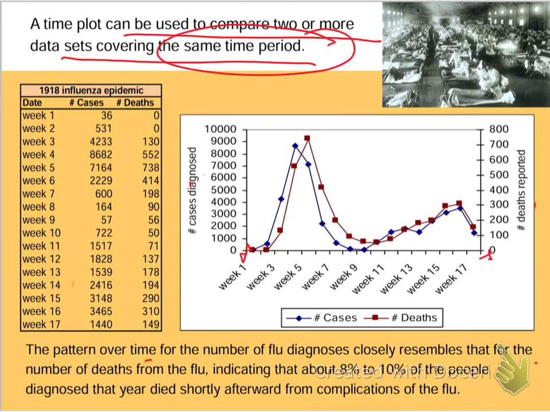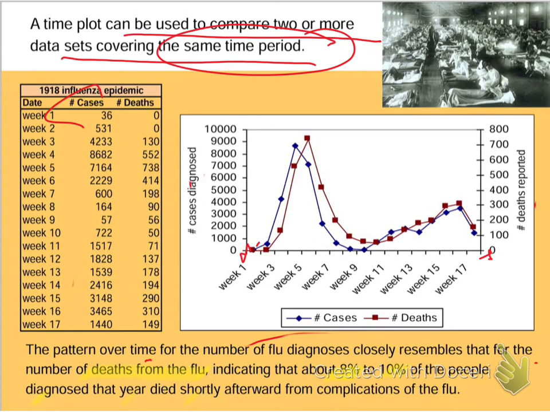The pattern over time for the number of flu diagnosis cases closely resembles that for the number of deaths. Resembles means going together or approaching each other. This indicates that about 8% to 10% of the people diagnosed every year died shortly afterward.